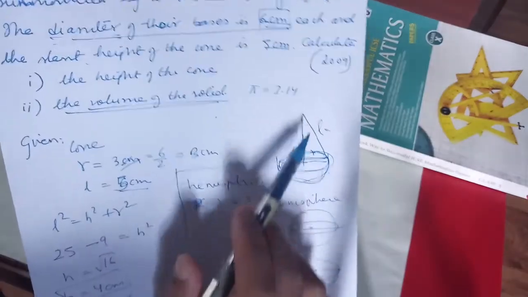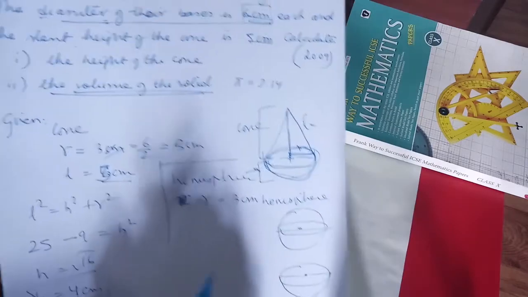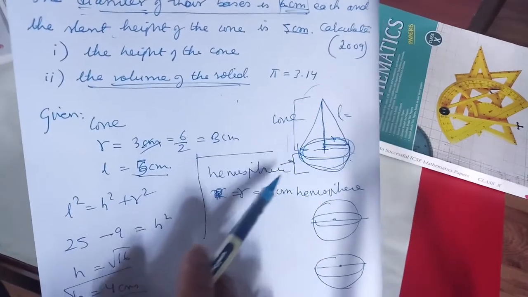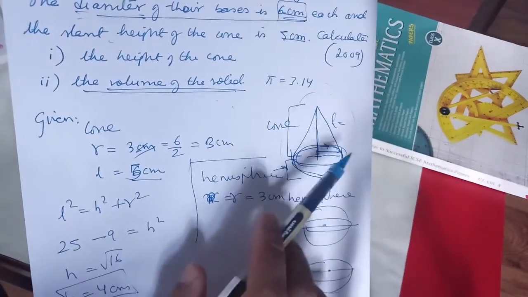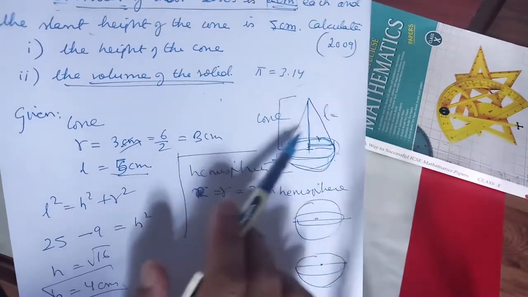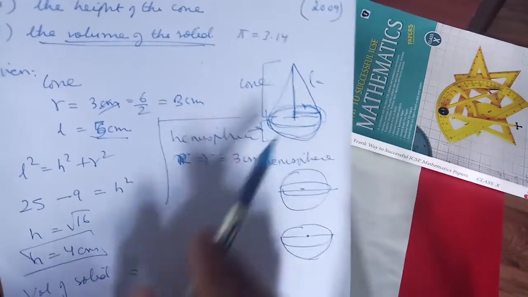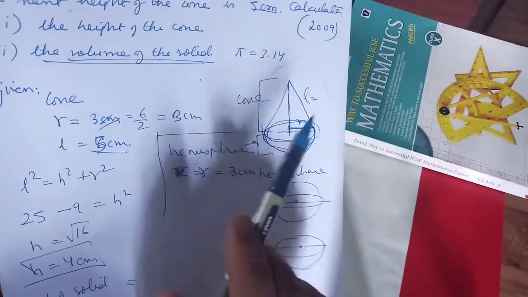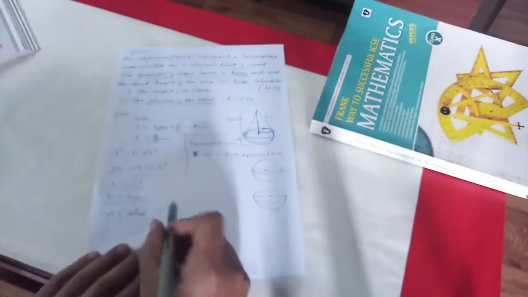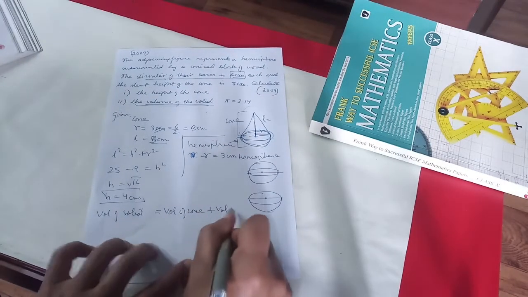There are two solids. The cone is on the upper part and in the lower part you have got a hemisphere, both sitting on top of each other, making the same base. So the volume of the solid is the volume of the cone plus the volume of the hemisphere. You just have to add the two volumes.